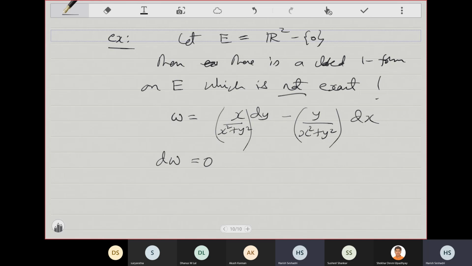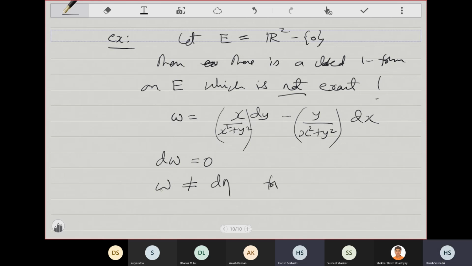On the other hand, how does one show that omega is not equal to d eta?